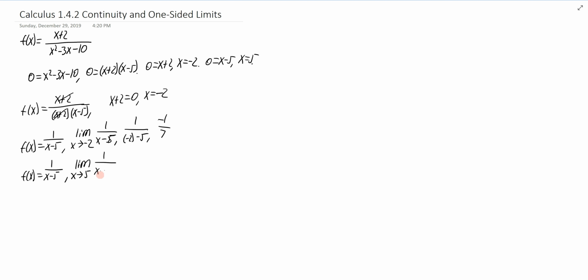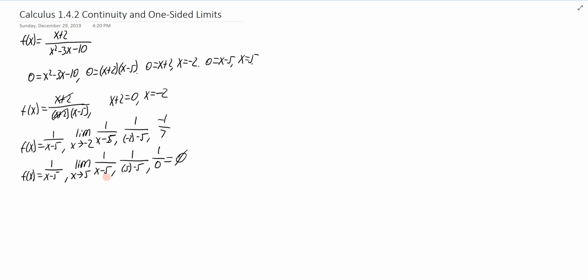Let's do our substitution. We get 1 over, parentheses, 5 minus 5. That yields a result of 1 over 0, which is undefined. And so we cannot find a limit at x equals 5. And you know what that tells us? That there is a non-removable discontinuity.